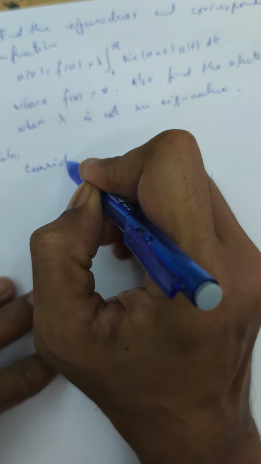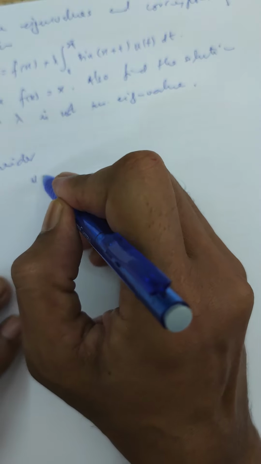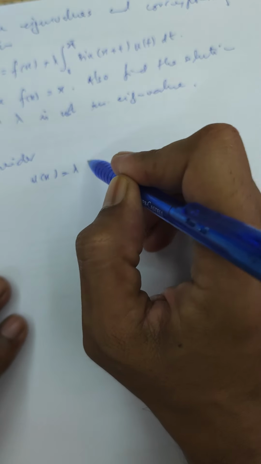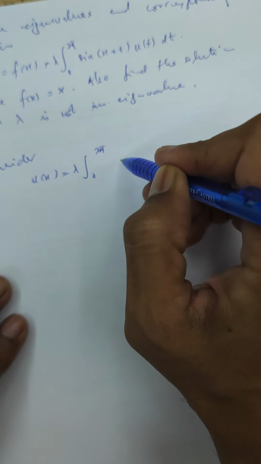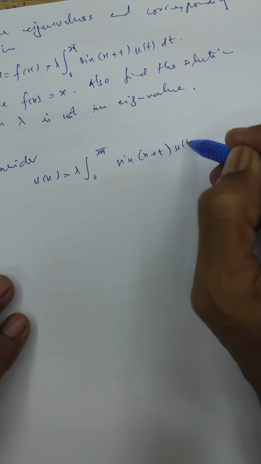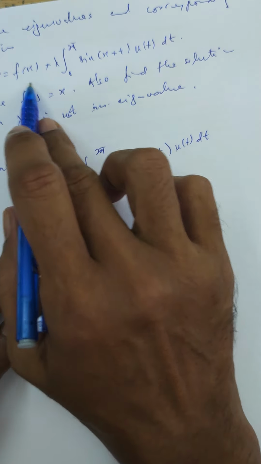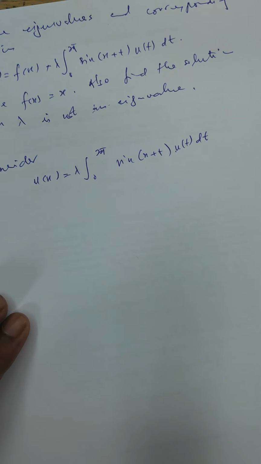Consider the homogeneous Fredholm integral equation, where u(x) is equal to lambda integrate 0 to 2 pi of sin(x plus t) u(t) dt. Homogeneous means the function f(x) here is 0.